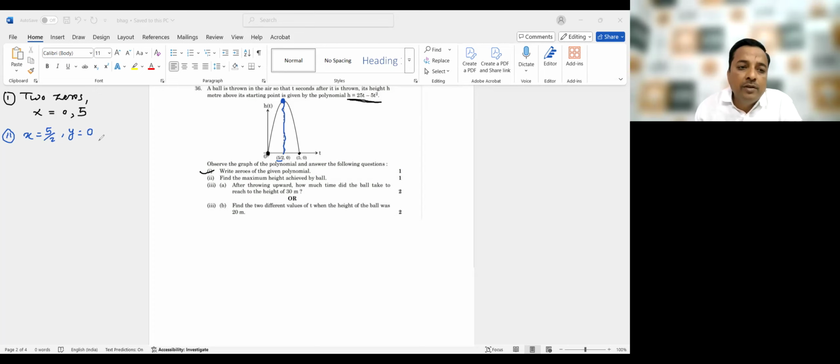How can it take 0 minutes? We have to take 5/2. 25 into 5/2 minus 5 into 5/2 whole bracket square. So 5 5s are 25, 125/2 minus 5 into 25 by 4, which is 125 by 4.